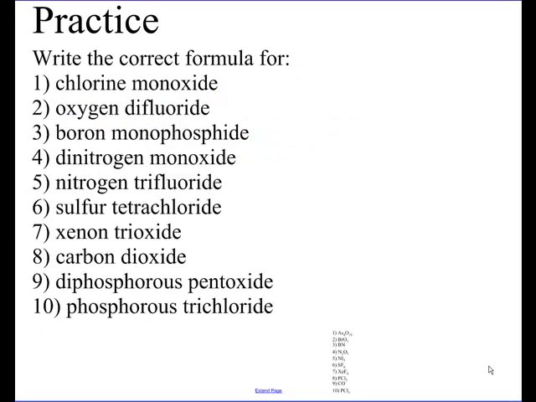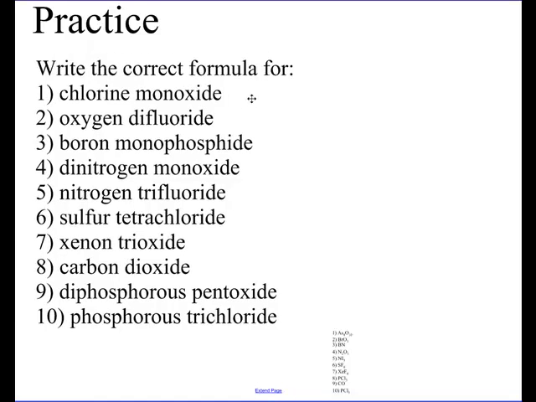Okay, now let's go the other way. Now we've got the names. Let's write the formulas. Chlorine monoxide. Well, chlorine, since there's no prefix in front, it must be 1. So there's Cl. And oxygen? ClO. That almost looks like hypochlorite, right? Oxygen difluoride.